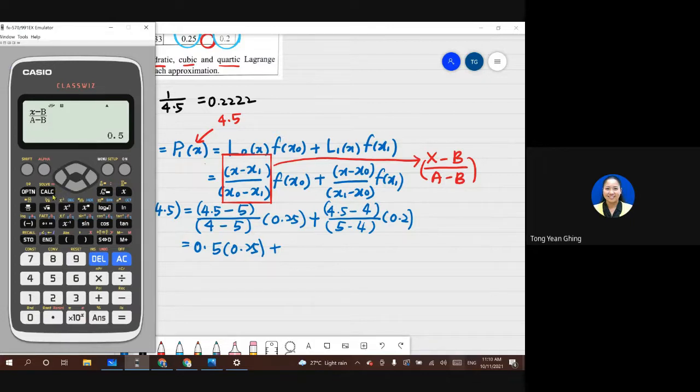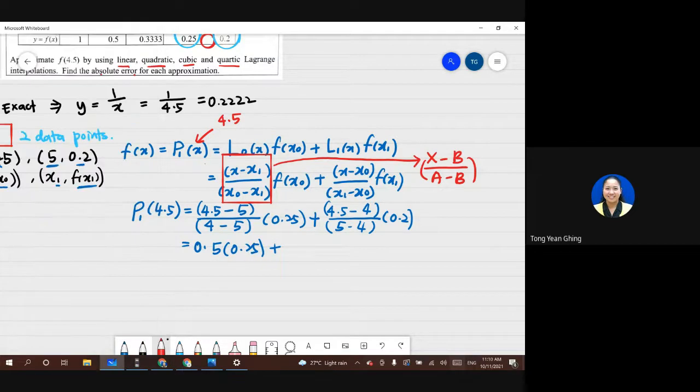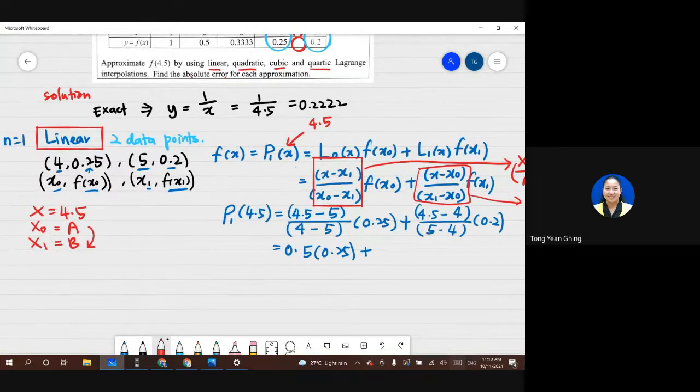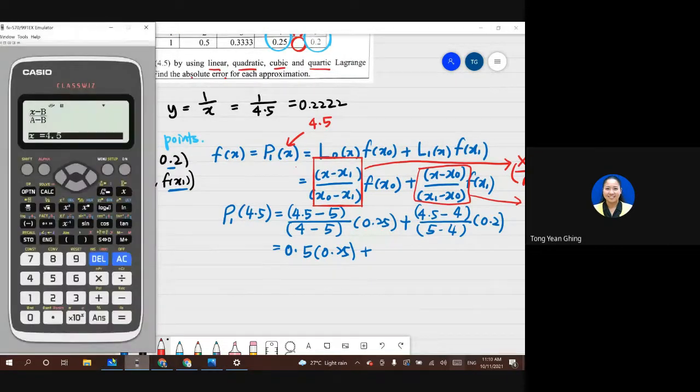Calculate again. Now I just change. If I just use the same equations and change, then you have to change the others. It becomes b minus a, x minus a. So it doesn't matter. Now you just twist this one. x is still this one, and we calculate.